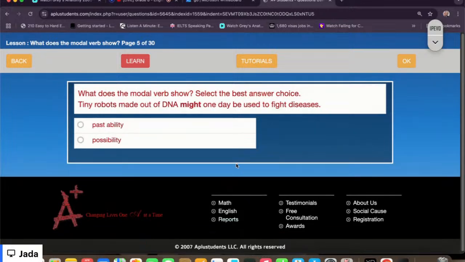All right, so the robot made out of DNA might one day be used to fight disease. Possibility or necessity?